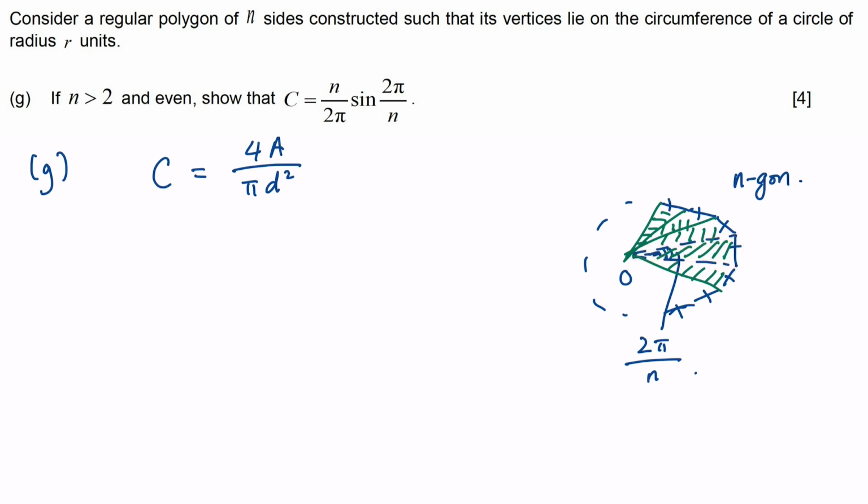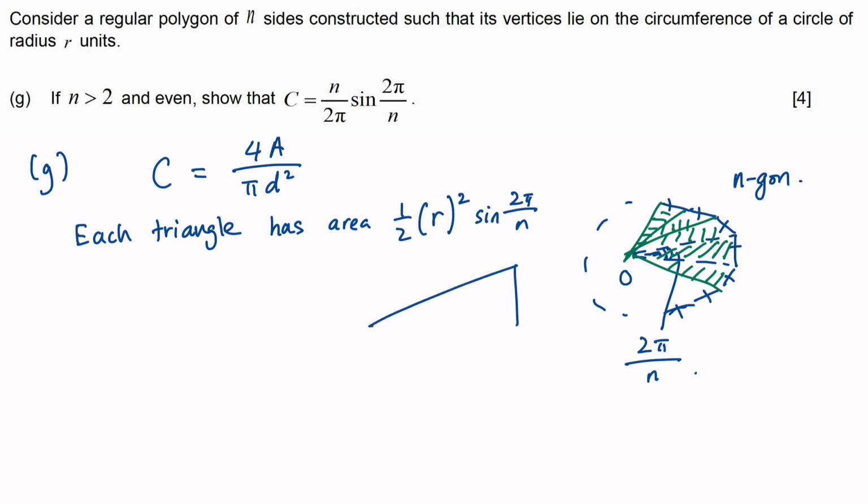So each triangle has area half times r squared, because I have two sides of length r, times sine of the interior angle, 2 pi over n.